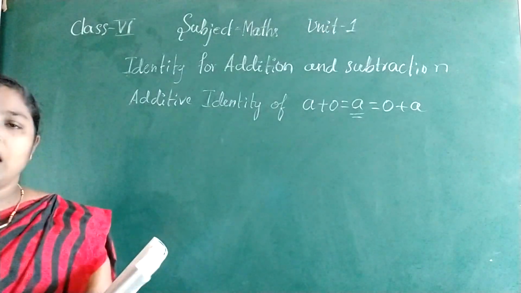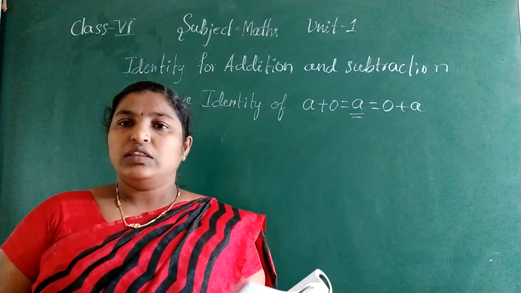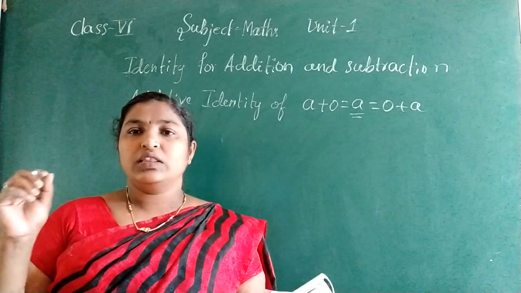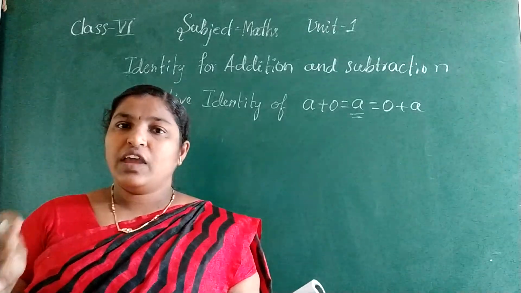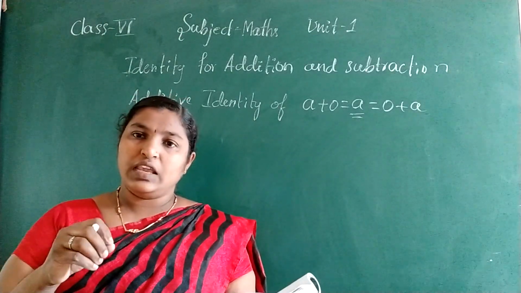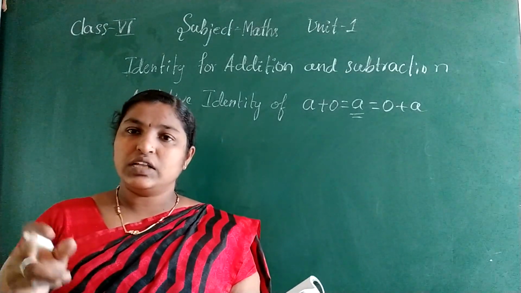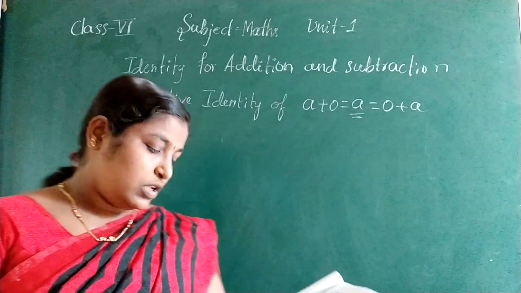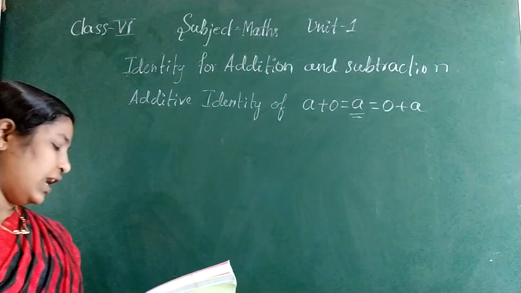For any whole number, if you add 0, the number itself should be the result. That is known as the identity. I'll tell you one example.